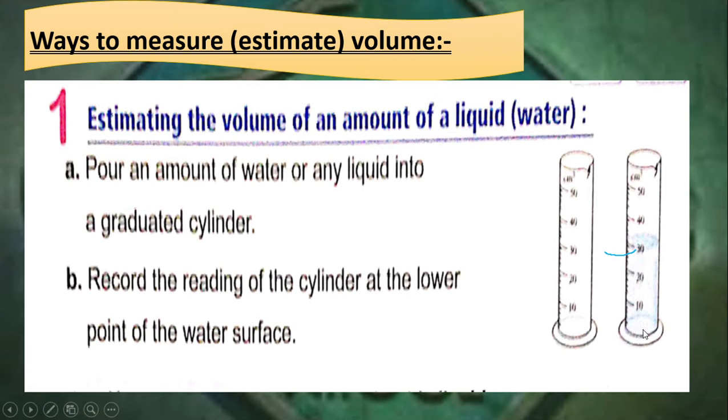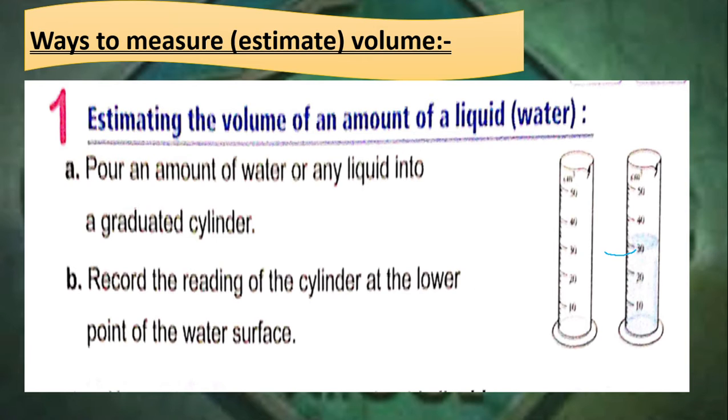We bring the graduated cylinder, pour the water inside it, and record the reading. This reading is the volume of the liquid. It is measured in cubic centimeter or milliliter. 1 milliliter equals 1 cubic centimeter.